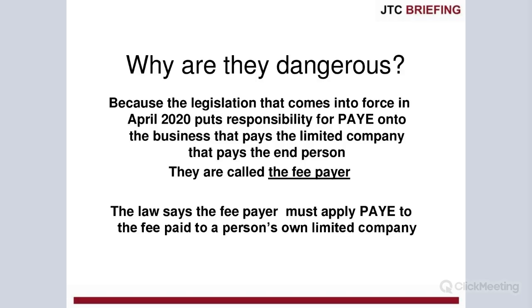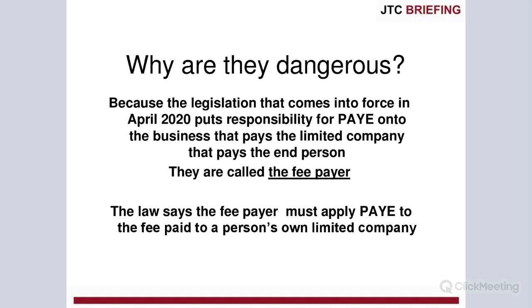Sorry, I can't tell. Why are they dangerous? It's because the legislation that comes into force in April ultimately puts the responsibility for pay-as-you-earn onto the business that pays the limited company that pays the end person. So in legal terms, they're called the fee payer. There is George Canning or Lisbridge, who works for George Canning Limited or Lisbridge Limited.